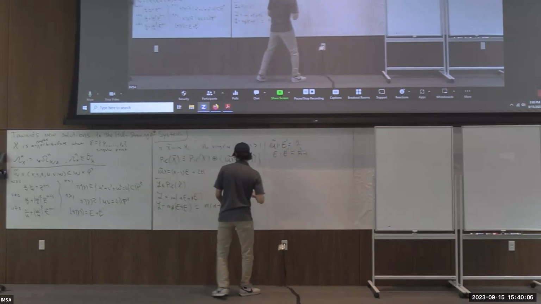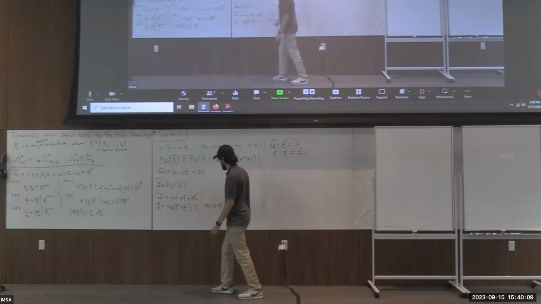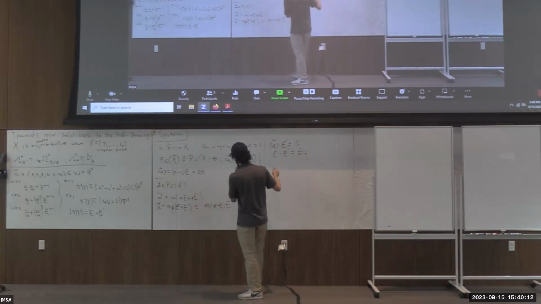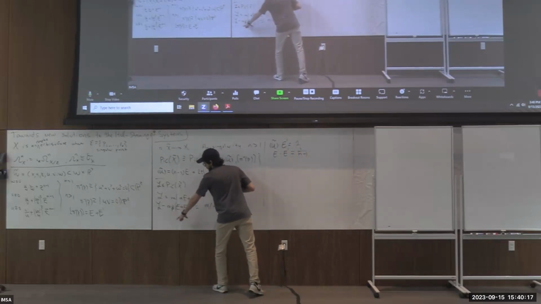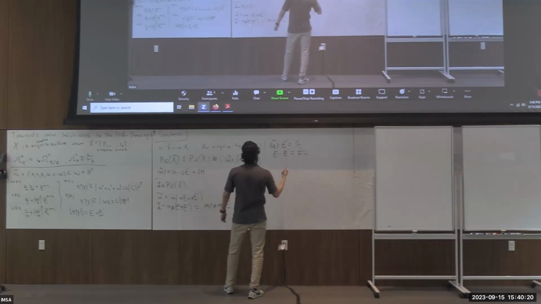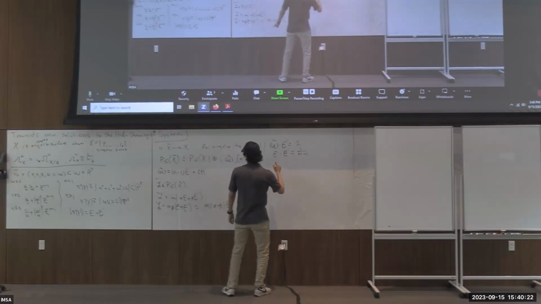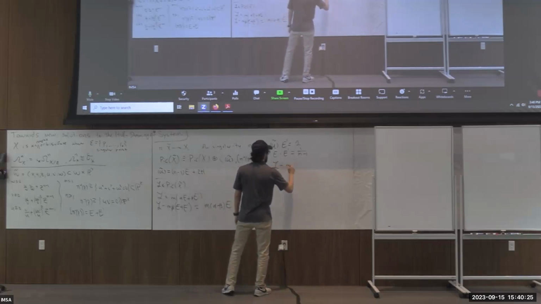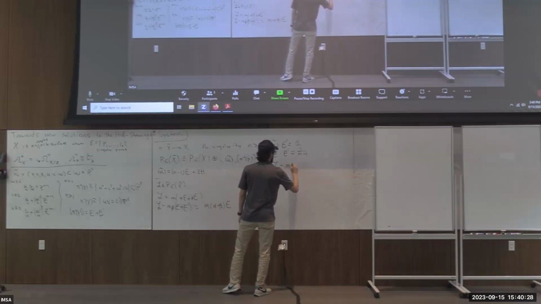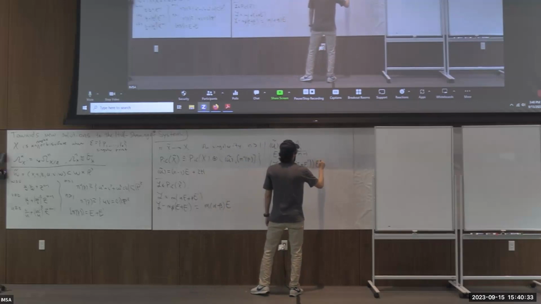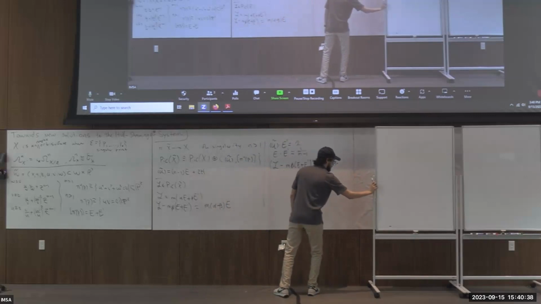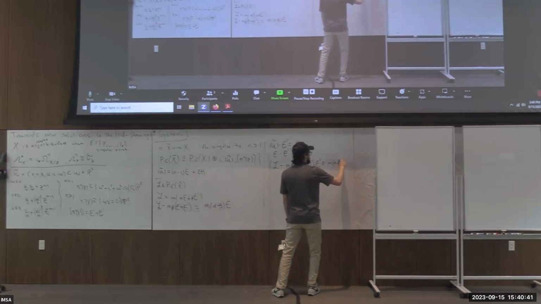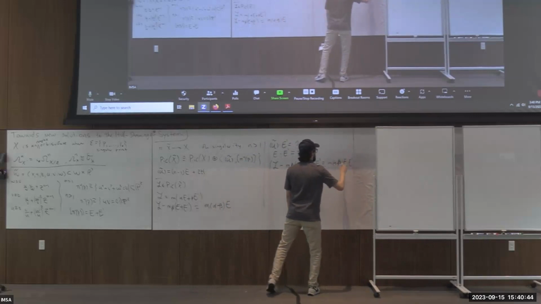But if I intersect both sides by e prime, I will of course get an integer here, when I'm intersecting a Cartier divisor by a Weil divisor. So this is n alpha minus beta dot e prime.